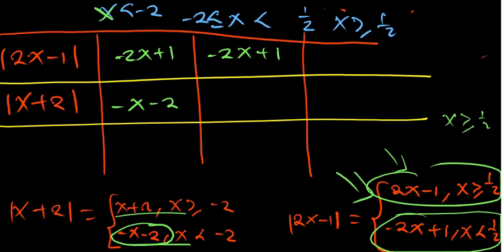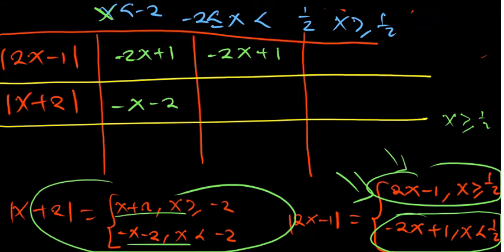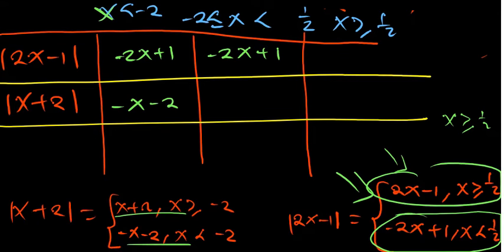Now, for the second part, which is this part here, which one is telling us that x should be greater than or equal to negative 2, but at the same time, x should be less than half? Is it the first one or the second one?